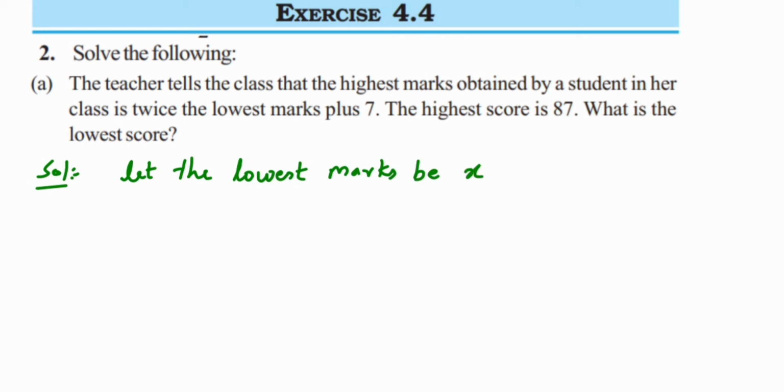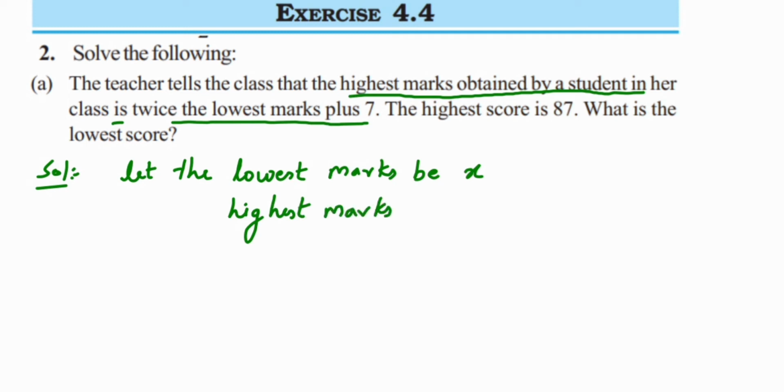The statement is: highest marks obtained by a student in her class is twice the lowest marks plus 7. So highest marks is equal to twice the lowest mark.